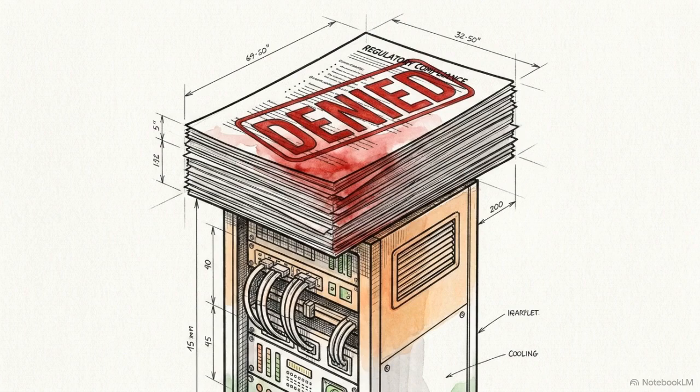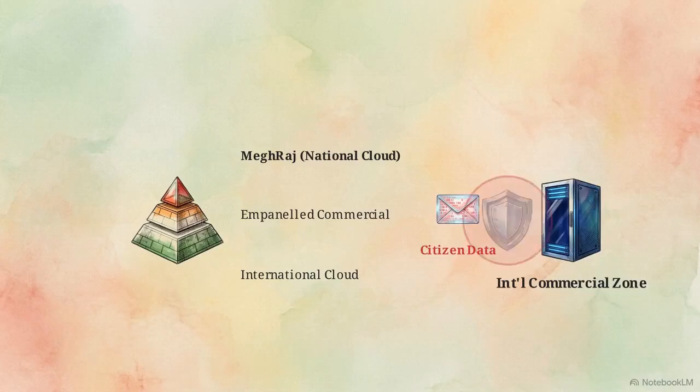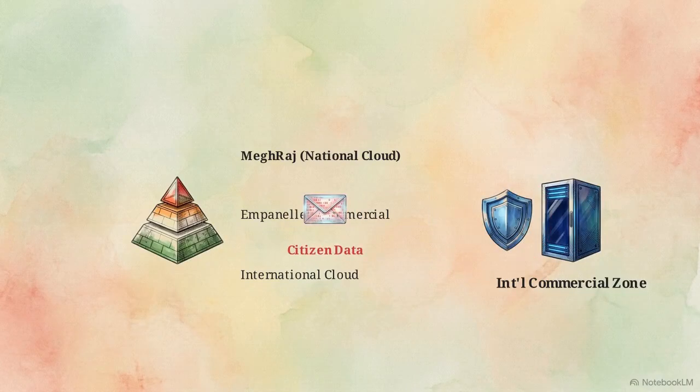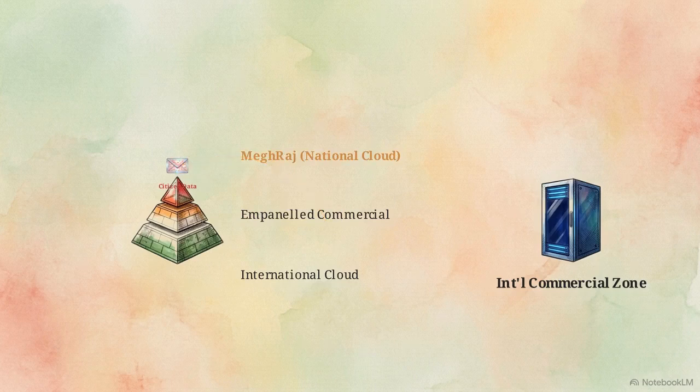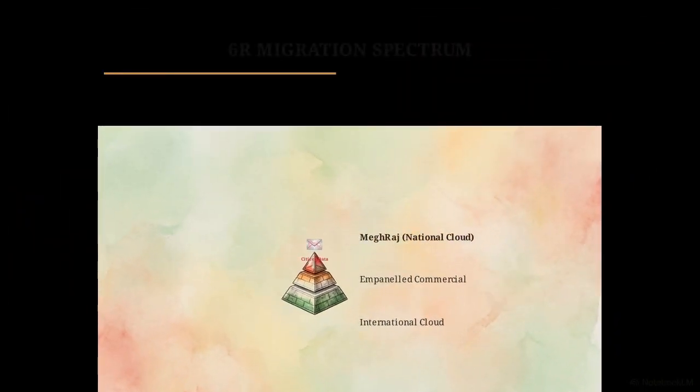This regulatory classification wholly supersedes an organization's technical preference for any of the 6R strategies. For example, if an agency attempts to rehost critical citizen data to an international commercial zone, the data hits a legal wall. The policy renders it illegal, forcing a hard redirection to the national cloud.